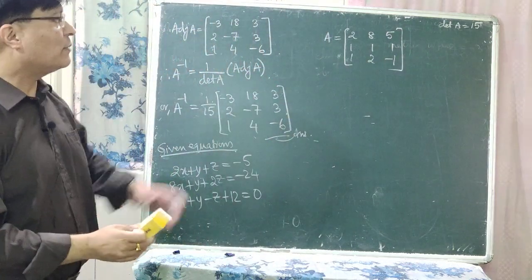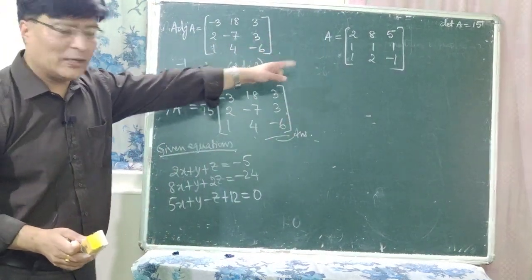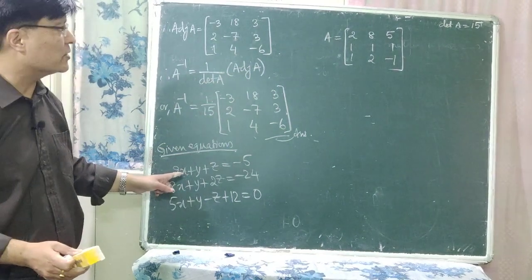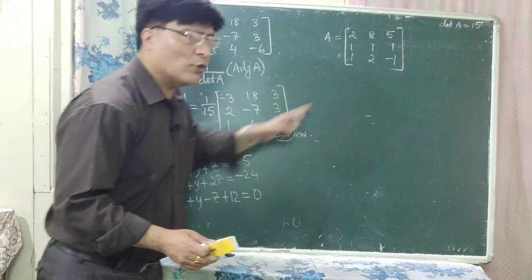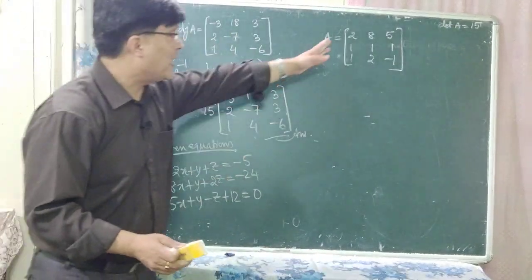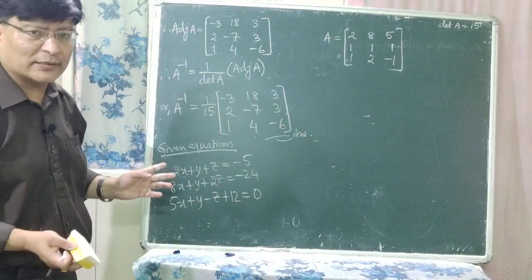Okay. Now you have to check this matrix A with this given system of equations. Are the coefficients of x, y, z and this matrix A equal here?